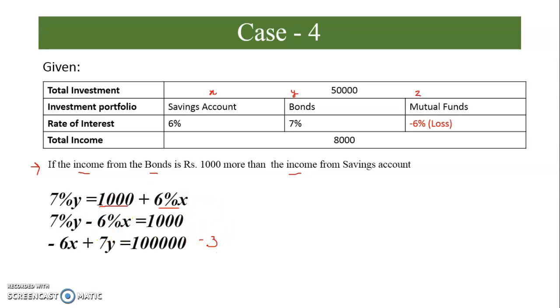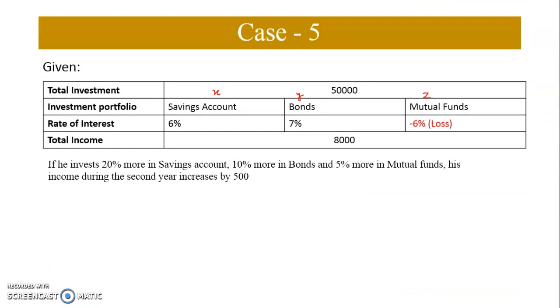Okay. Now this is the last case, that is case 5, and this is very important as well as an interesting one, in which what if he invests 20% more in the savings account, 10% more in the bonds and 5% more in the mutual funds, and his income during the second year increases by 500.